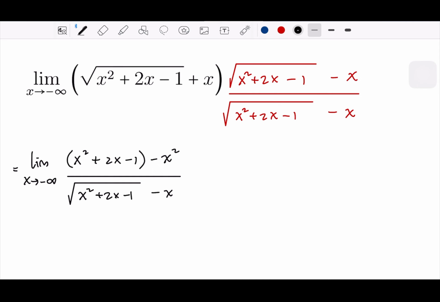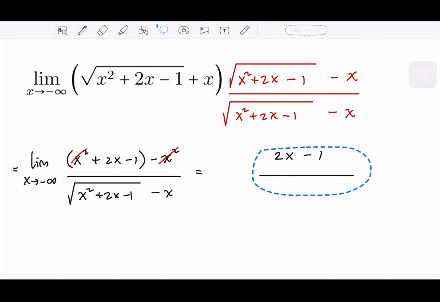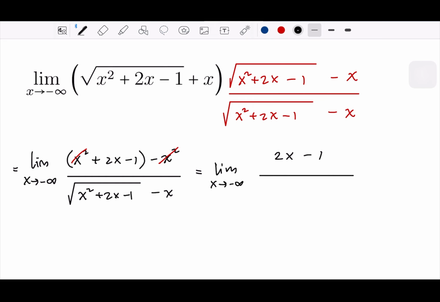So then what will happen? Canceling this, and we have 2x minus 1 over, oh, forgot to write the limit. So limit x goes to infinity, and we're going to have, okay.